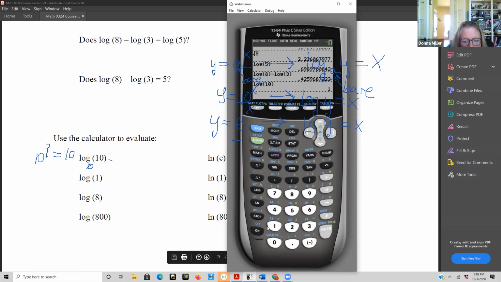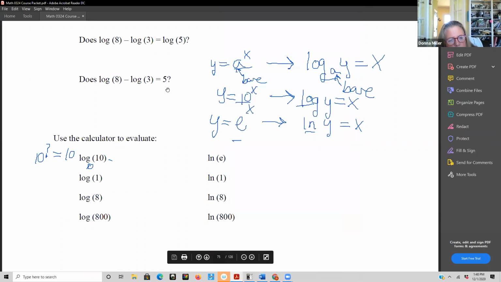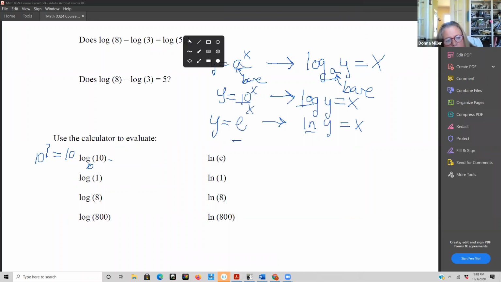If I do the log of 1, I get 0, which doesn't surprise me, because 10 to what power equals 1? Anything to the 0 equals 1, so the log of 1 is 0.